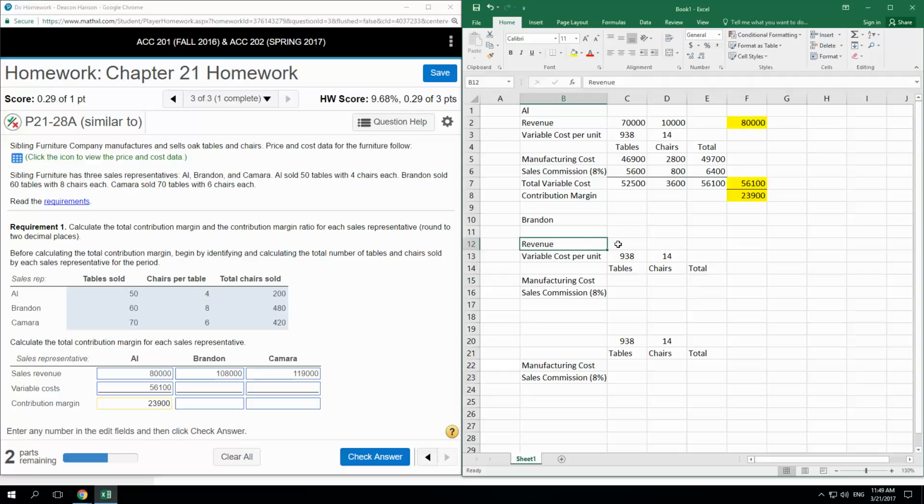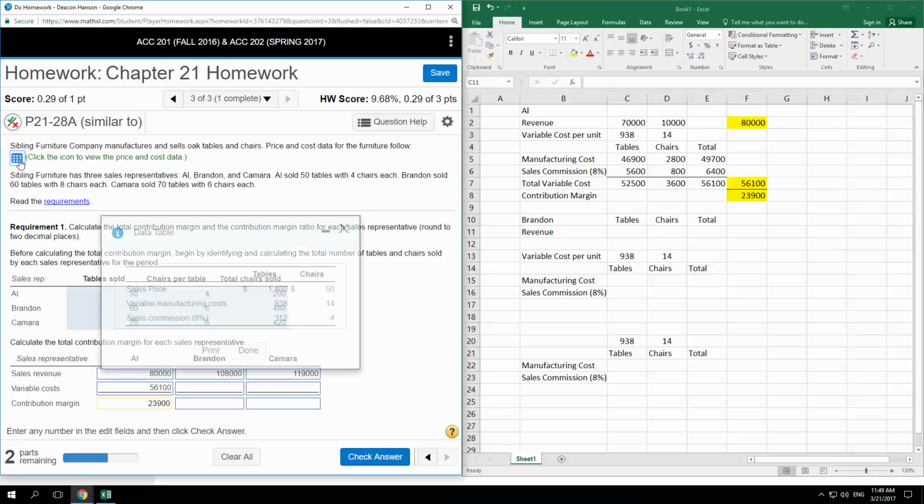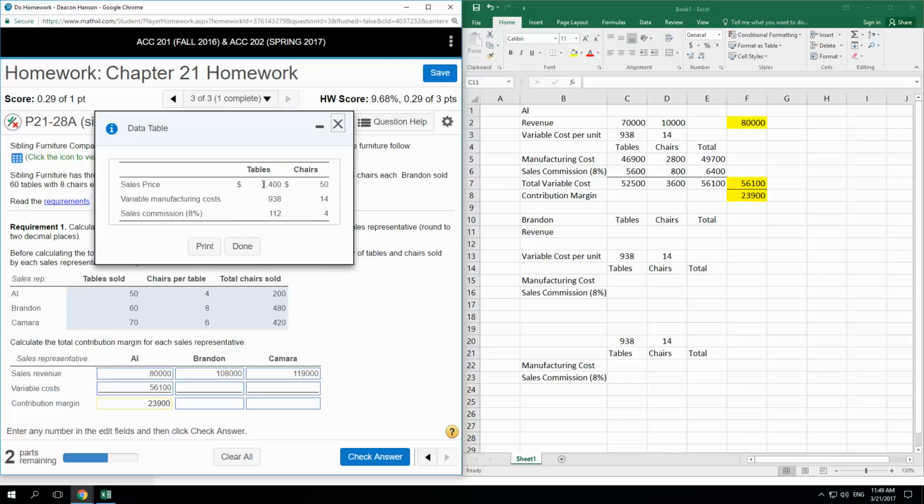So to figure out Brandon's revenue for tables, we would take the number of tables Brandon sold, 60, times the revenue per table, which is 1,400.